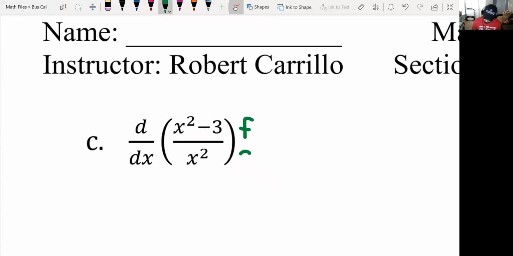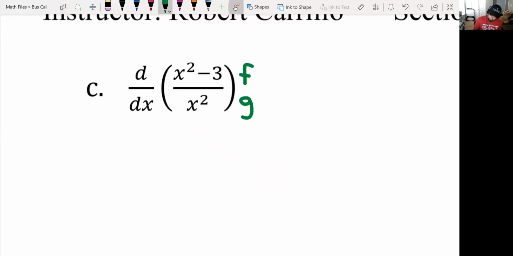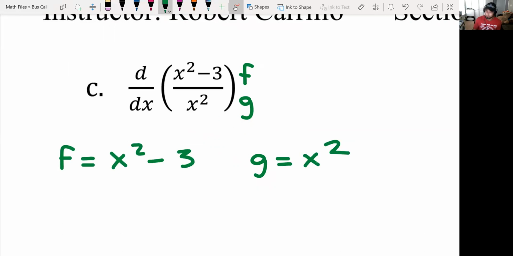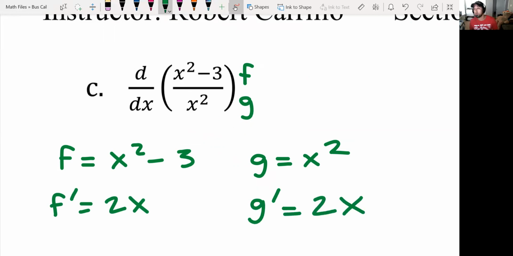There's F, there's G. Bring it out. F is x squared minus 3. G is x squared. F prime is 2x. G prime is also 2x.